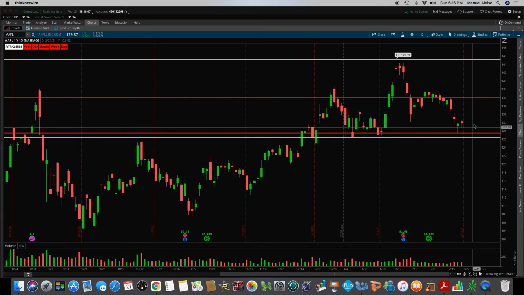I love playing the breaks. And just like I play the break for it to go higher, I also play the break if it breaks support and then goes back inside that support. Okay? I like taking the trade. And it's very simple because I've identified 127.41 as that break, okay?